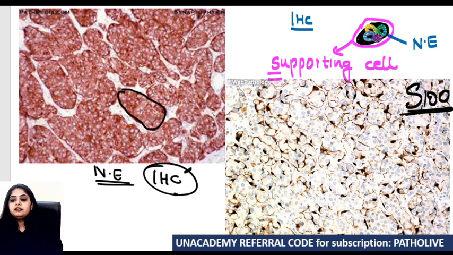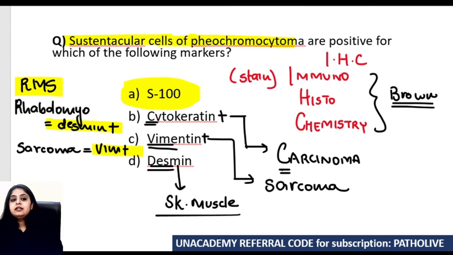Whereas when I used S100, I saw, see, this is one nest. The center of the nest has not come brown. The periphery of the nest is coming brown. The outline of the nest is coming brown. Why? Because over there the supporting sustentacular cells are present, and they will be S100 positive, which was exactly my question. The sustentacular cells of pheochromocytoma are positive for S100.